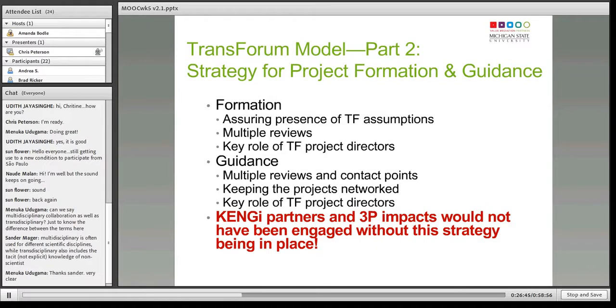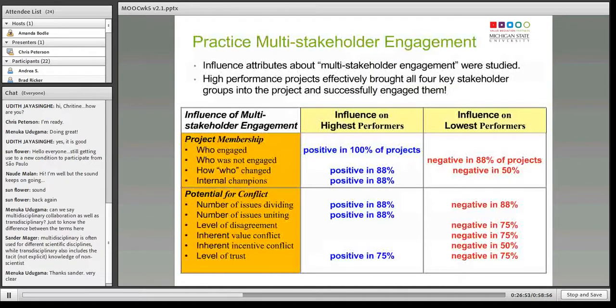If we move on to the second major set of practices that we looked at then, we really picked up this notion of the multi-stakeholder engagement. And here are more influential attributes in terms of the project's membership.